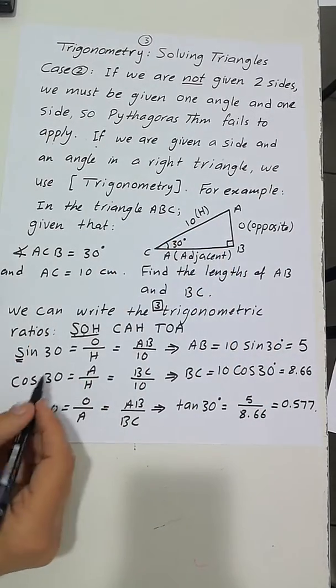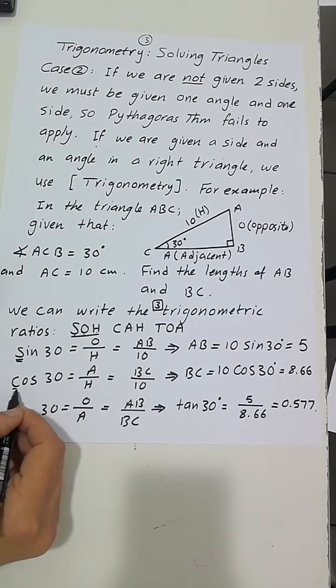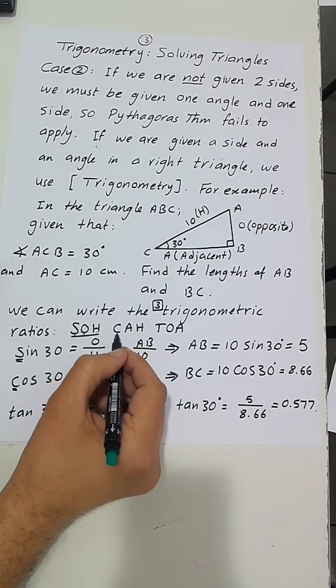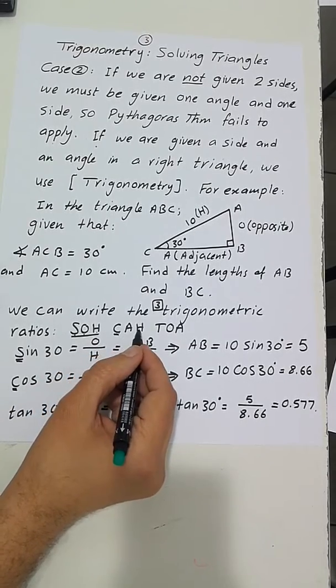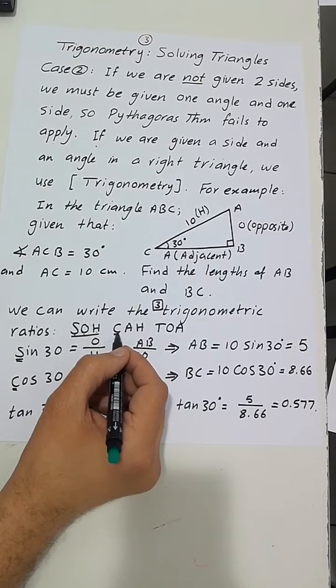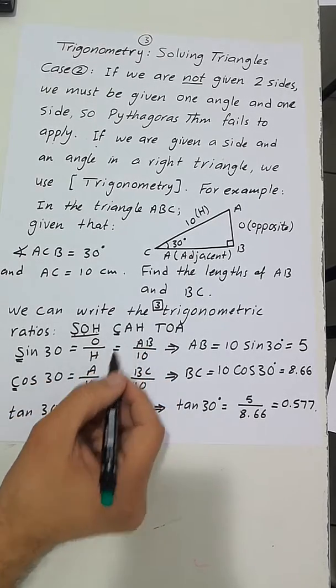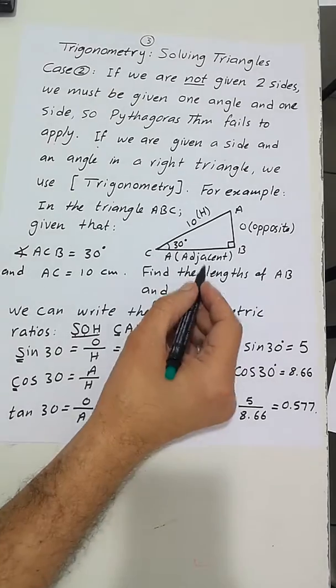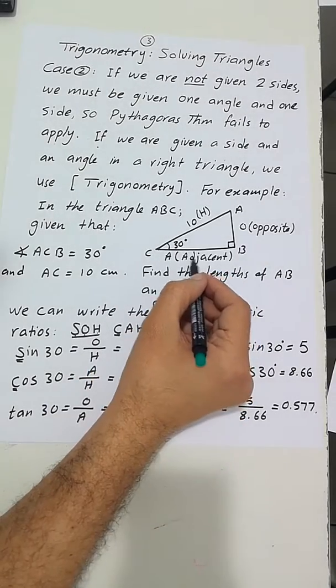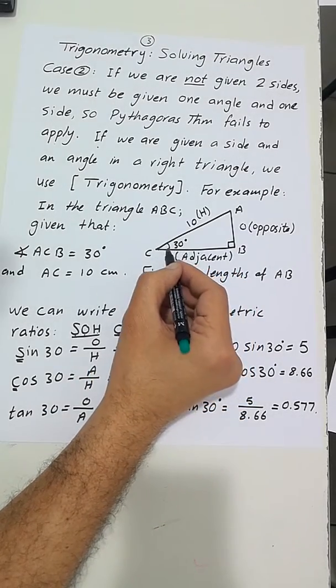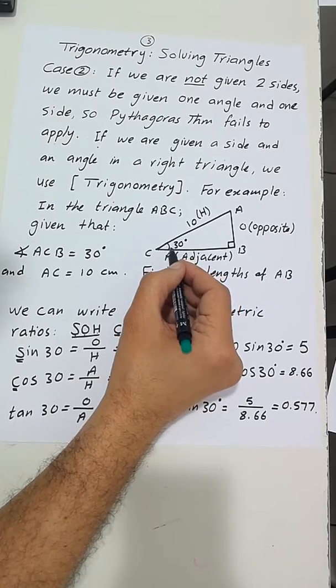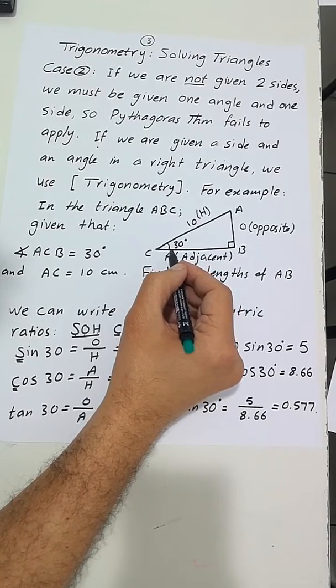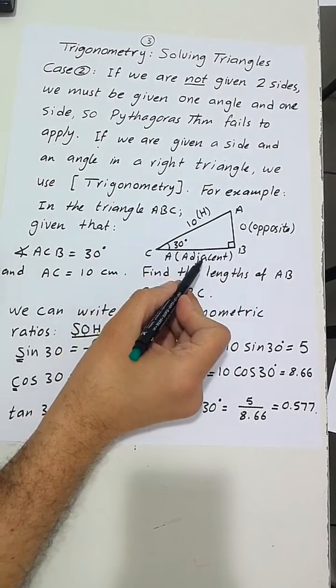The other one is cosine. C for cosine, it's adjacent over hypotenuse. This is called adjacent: the side that is near to the angle, adjacent to the angle. Next to the angle is called the adjacent.